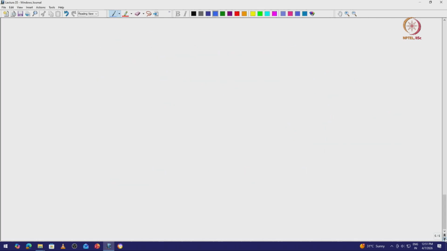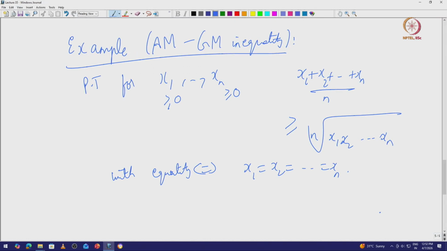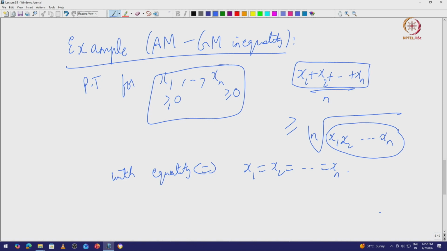So, the proof is as follows. What do we want to do? Basically, what's the idea here? We want to maximize this subject to this as well as this being fixed. So, suppose you take x1 to xn and sum them up, x1 plus x2 plus so on until xn.